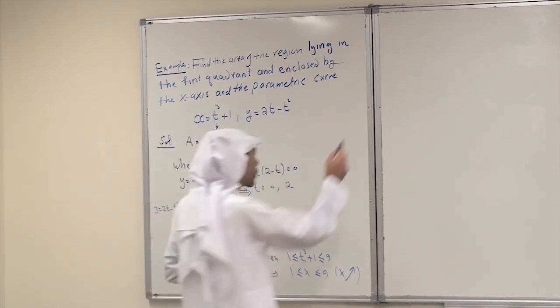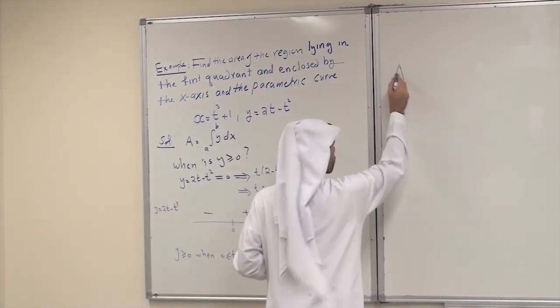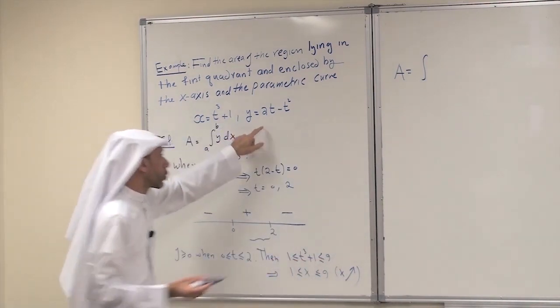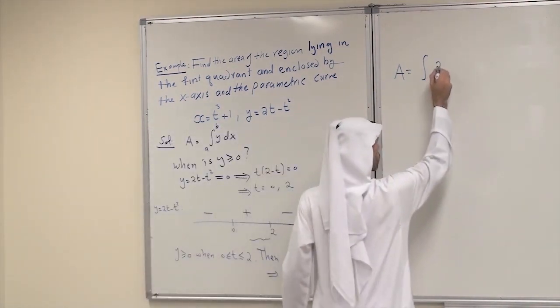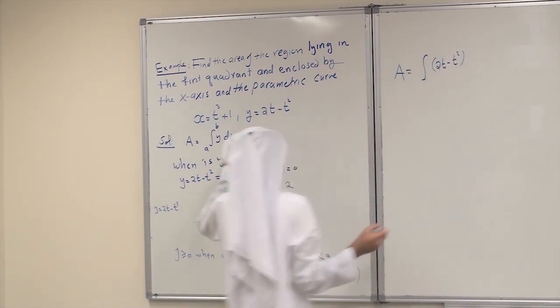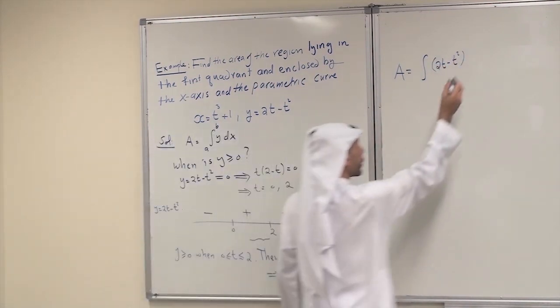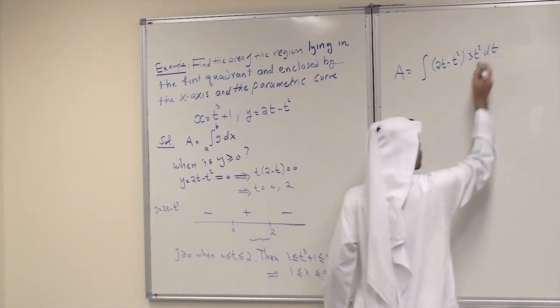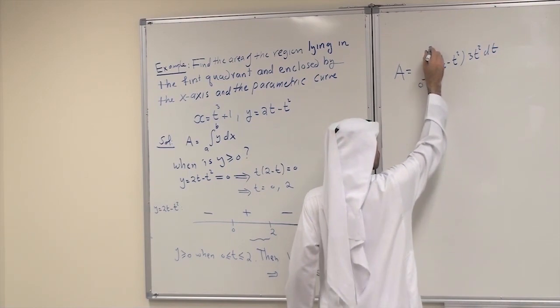Okay, so this gives us the area equals, in the same formula here, y dx, y is 2t minus t squared, times dx, which is 3t squared dt, and the time interval from 0 to 2.